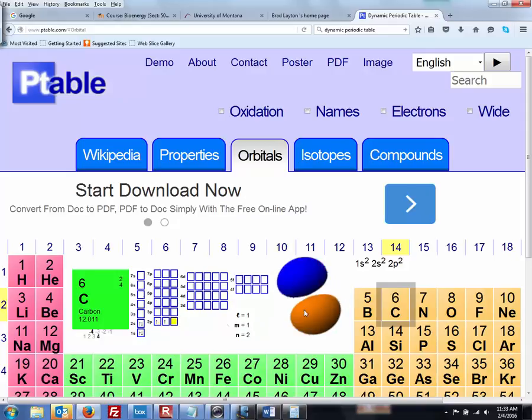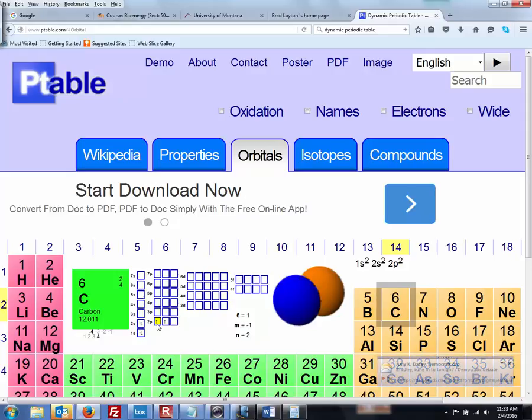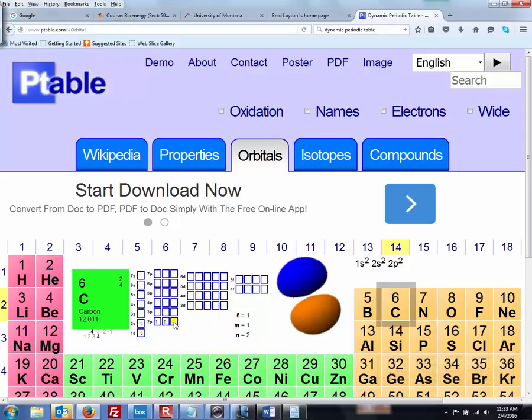As I click here, you can see these little dumbbells show up. There's the X, the one that's back and forth. This one's right and left. This one's sort of up and down. Those are your 3 different directions. These 3 orbitals are called the p orbitals. I can't remember what p stands for, but they kind of look like dumbbells.